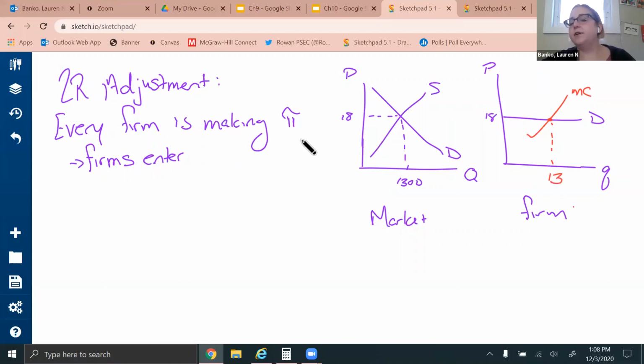And we get that each firm sells 13 units. But now if firms are entering because we're all making a positive profit, that's going to affect the market, and in particular, the market supply. The market supply is going to increase with more sellers, more firms. So it's a rightward shift.